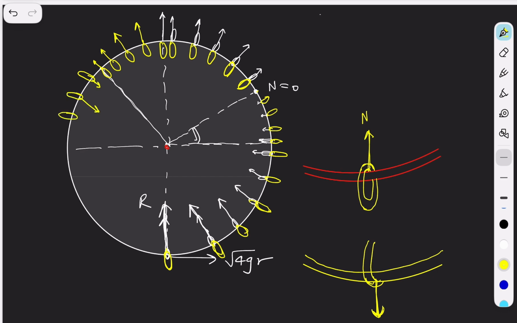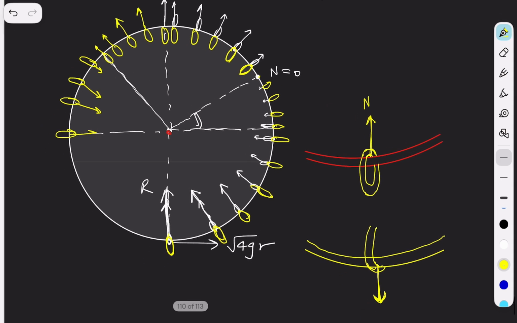And here, whatever the size will be, it is symmetric, and it will go like this. I hope you are able to figure out what the picture of forces would be when the bead is moving inside the ring.